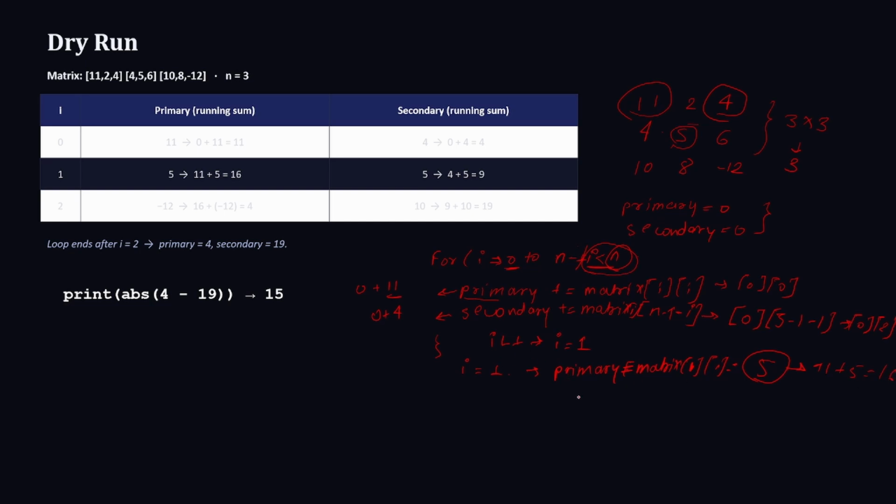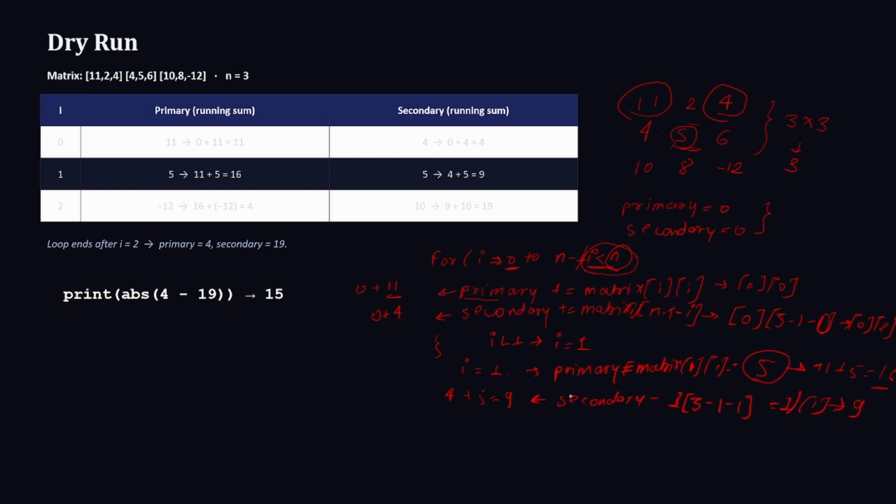After that, for the secondary, i is 1 and n is 3, so 3 minus 1 minus 1. Sorry, here it is 1, 1; I mistakenly wrote a different index. So the value is 5. In the secondary variable, 4 plus 5 is 9. Now primary becomes 16 and secondary becomes 9.